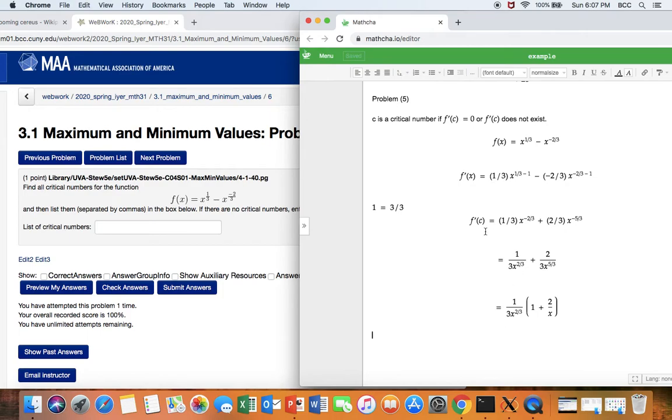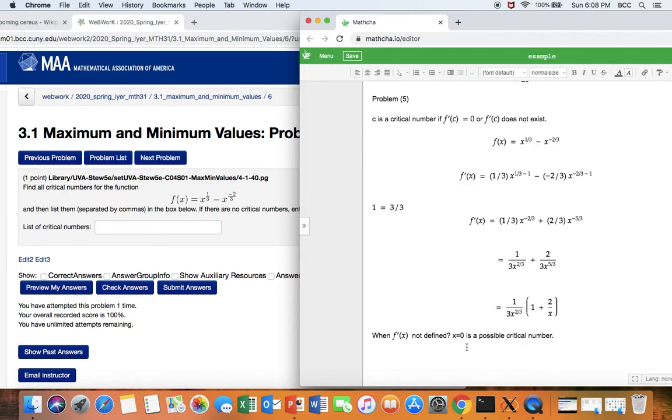Now, when is f prime, it's not C, it's x. So when is f prime not defined? Notice x equals 0 is in the denominator in 2 places. Okay, x equals 0 is a possible critical number, because that means f prime does not exist.